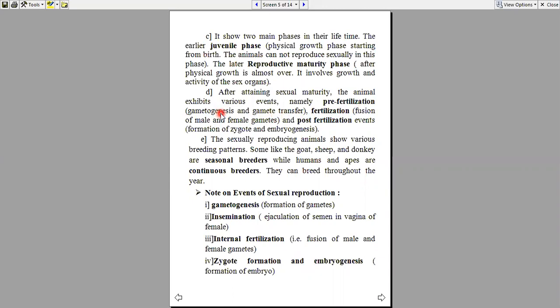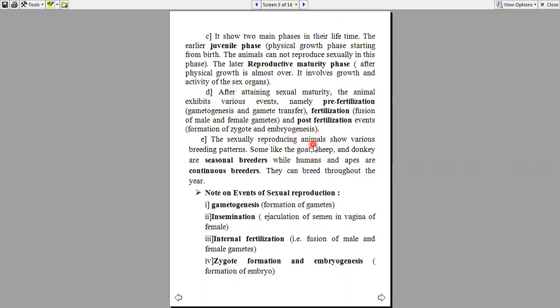Gametogenesis means formation of gametes, and transfer of gametes takes place in this phase. Second, the fertilization phase, where there is fusion of male and female gametes. Third is the post-fertilization event, where there is formation of the zygote after fusion of male and female gametes, and embryogenesis. The meaning of embryogenesis is formation of the embryo.